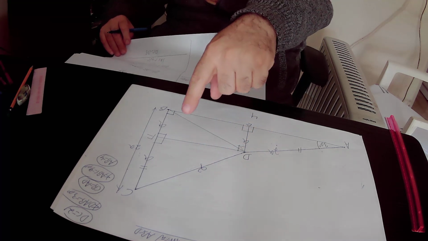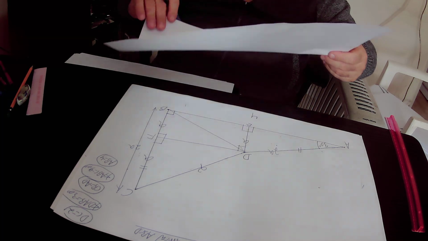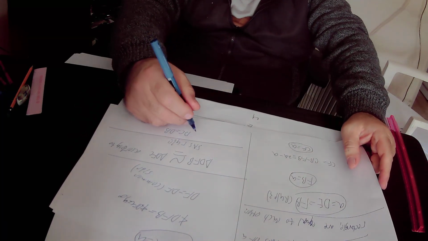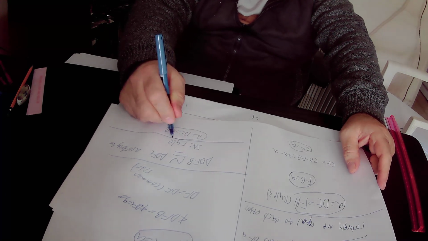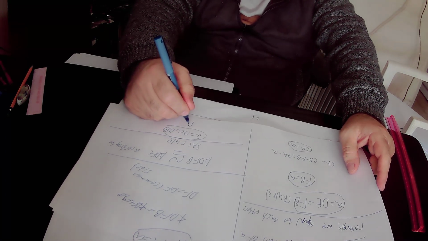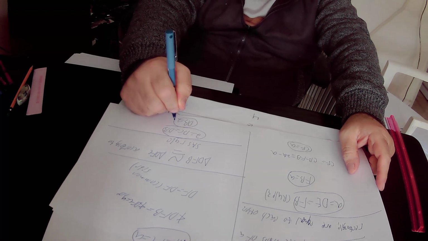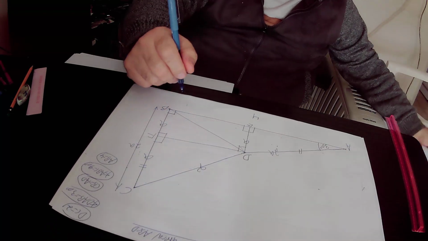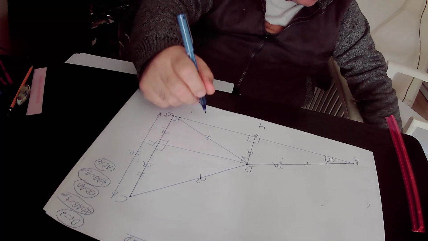Therefore the corresponding sides, that is to say CD and DB, will be equal to each other. But it is given in the question that CD equals 2 units. And from this equation we will derive that DB also equals 2 units. You can write here that DB equals 2 units.